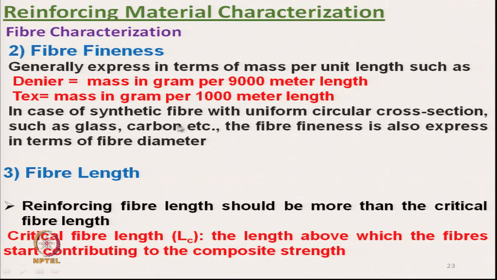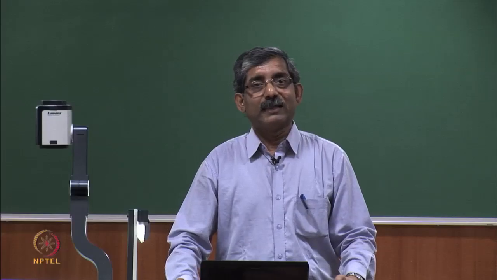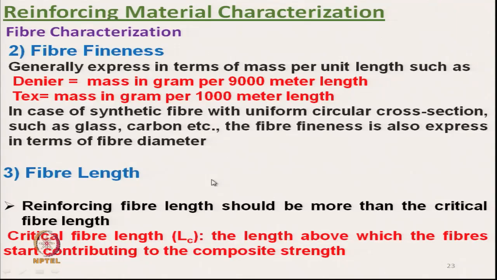In case of synthetic fiber with uniform cross section like glass fiber or carbon fiber, the fiber fineness can be expressed in terms of diameter or micron. Fiber length measurement is a very important characteristic for reinforcing material.